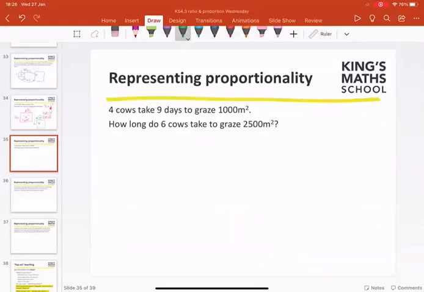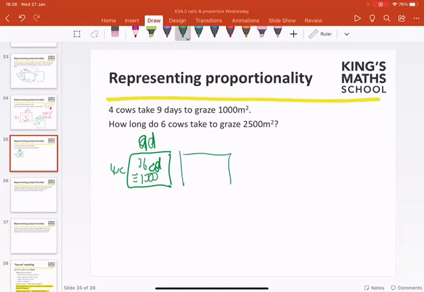And I think this becomes really helpful with questions like this. Now what I've got is my 4 cows and my 9 days, and in their 36 cow days worth of work, they can graze 1,000 square meters. So if actually they've got 2,500 square meters, we've got another 1,000, another 500.